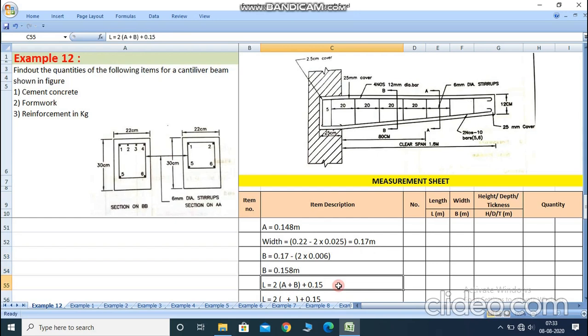Now total length of the stirrup is 2 multiplied by A plus B plus 0.15. So we already calculated the value of A, we got 0.148 and the value of B is 0.158.